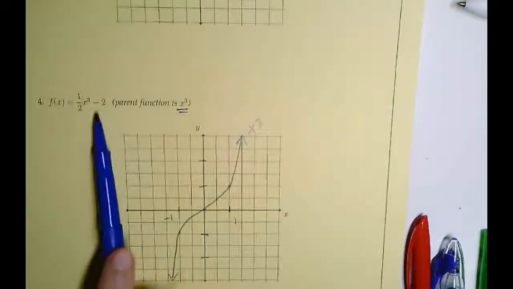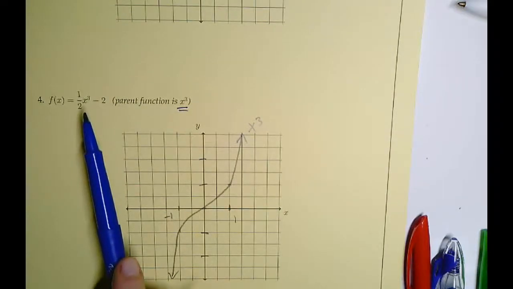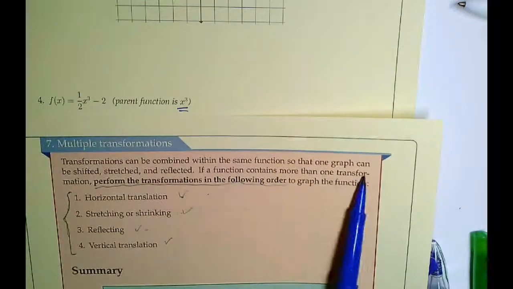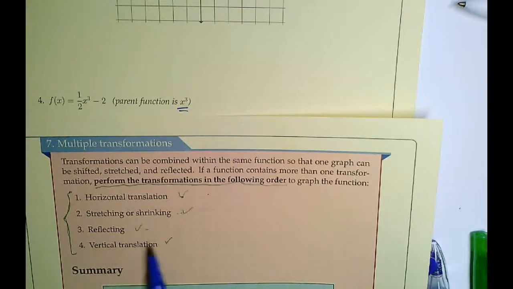Now obviously this has 2 things going on. So according to my chart here, if I have more than one transformation, I should consider doing the horizontal first, and then if there is any stretching or reflecting, and then vertical translation. So do I have any horizontal translation?